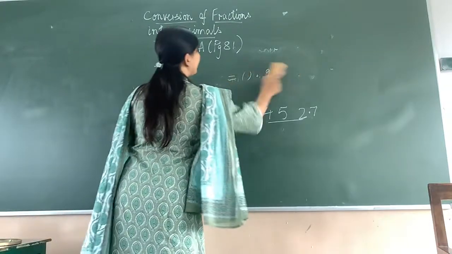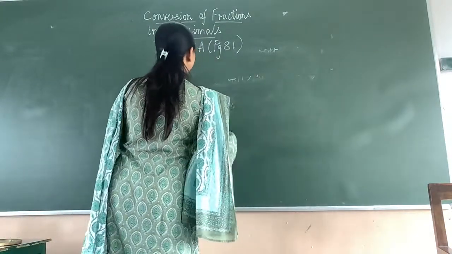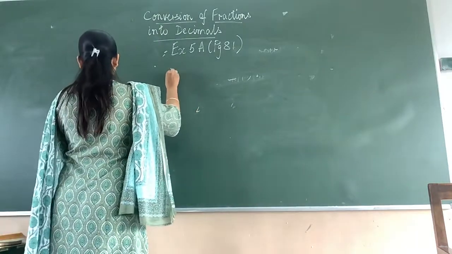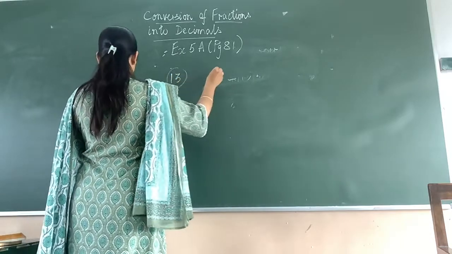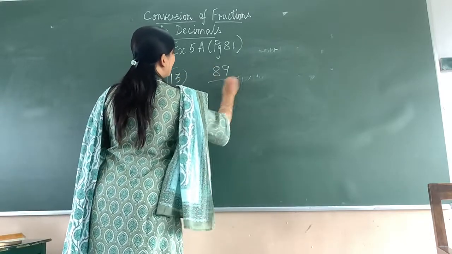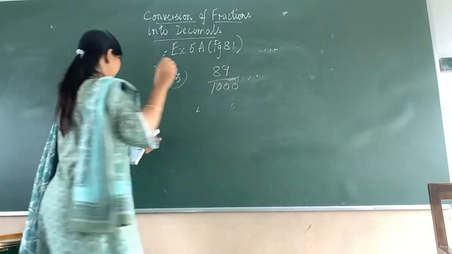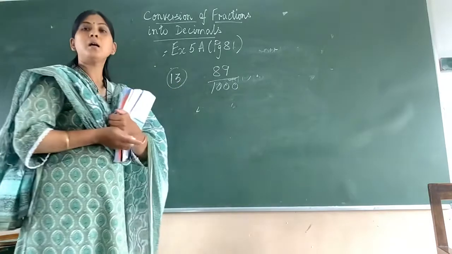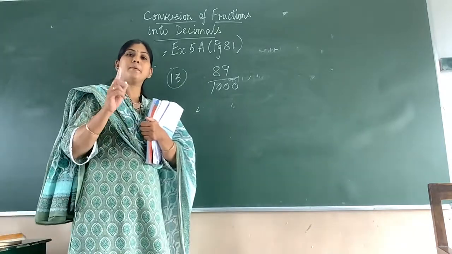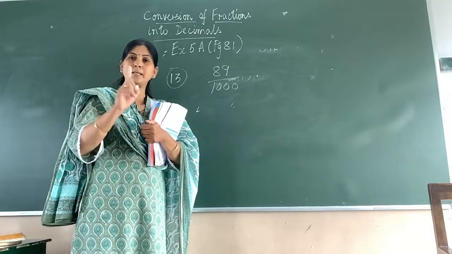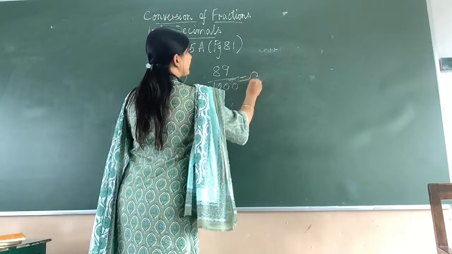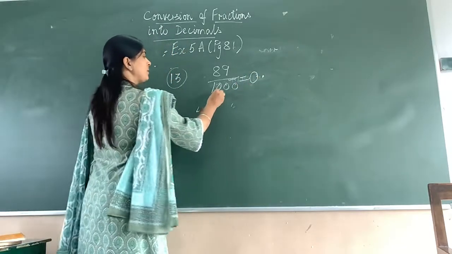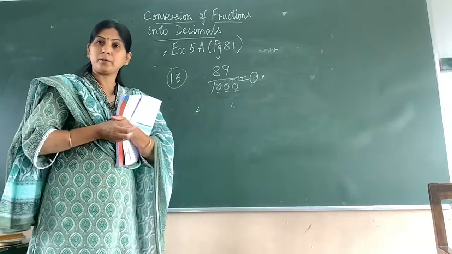Now let's take another question. 89 over 1000. The numerator is less than the denominator. That means this number is less than 1. When the number is less than 1, what do we do? We write 0 in the whole number part and put a decimal point. Now how many zeros are there in the denominator? 3 zeros.